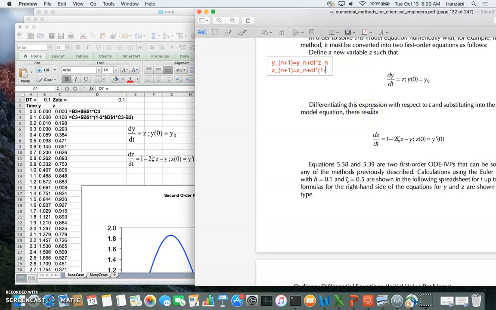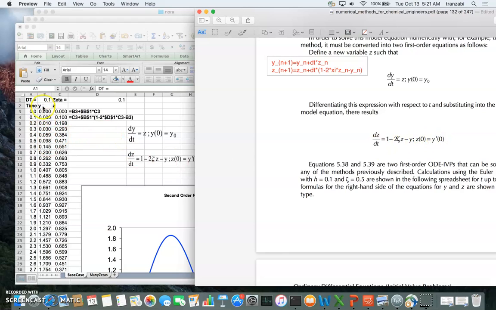So it's going to be 1 minus 2 times c times z at point n and minus y at point n. That's it. So two equations. I have two equations, two unknowns. Unknowns are yn plus 1, zn plus 1, with the initial condition of y0 is this and z0 is that.